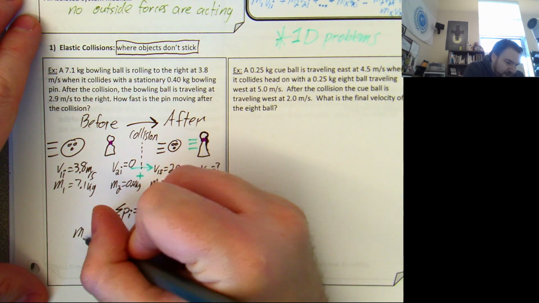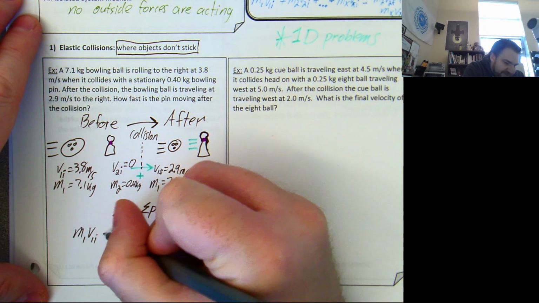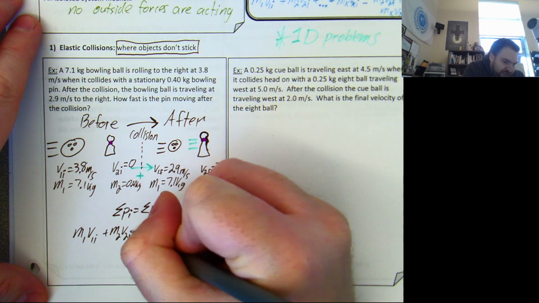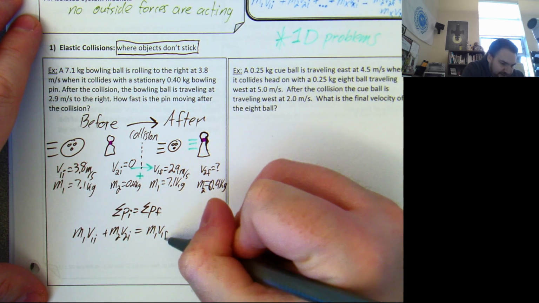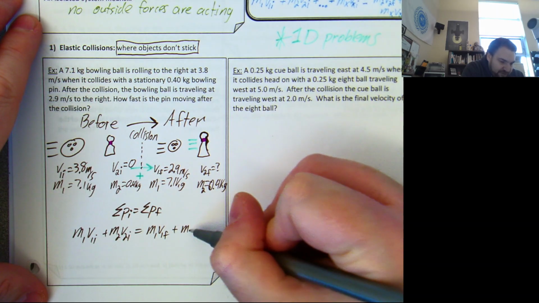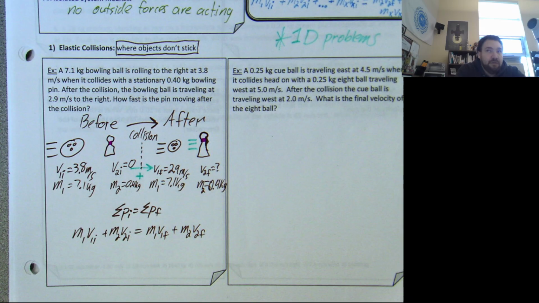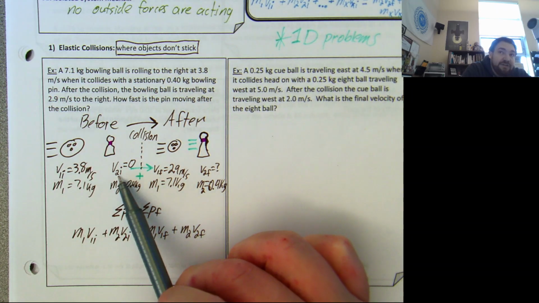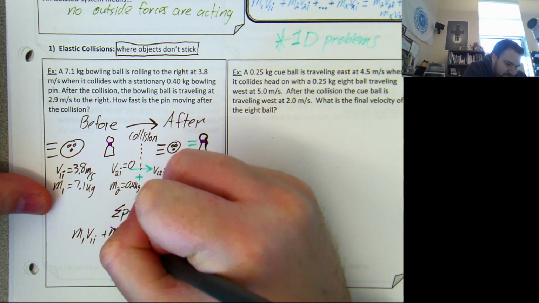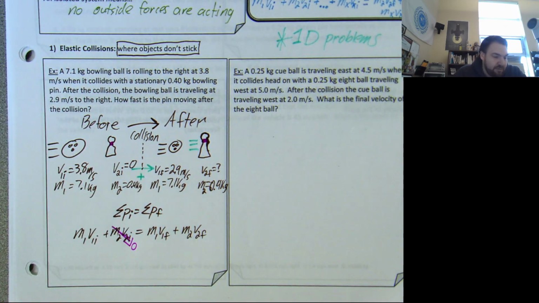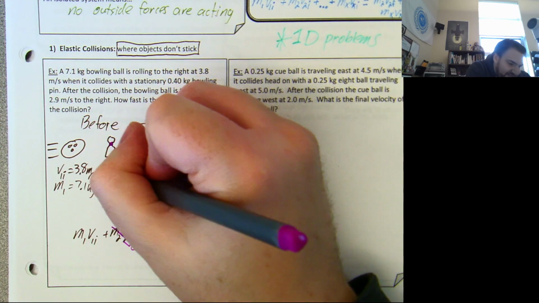So we're going to have m1 v1 initial plus m2 v2 initial equals m1 v1 final plus m2 v2 final. The sum of the momentums initially has to equal the sum of the momentums at the end. And the beauty of this is that because v2 initial is equal to 0, this term is gone.